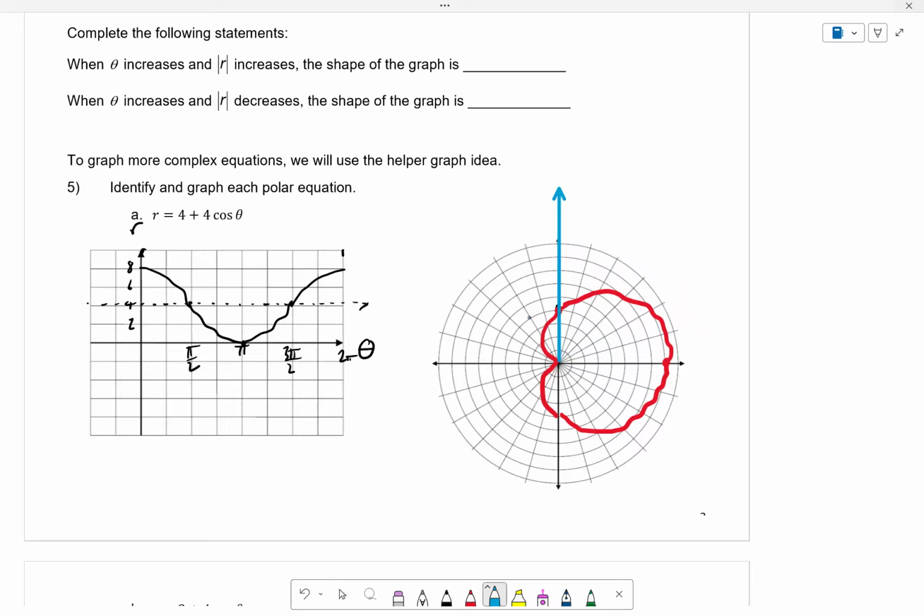And as I continue to pi, what's happening with r? Going down. You see that intersection with the red? It's going from 4 to 0. And then as I continue to 3 pi over 2, the r is now increased to 4. After 3 pi over 2, it continues opening up to 8.